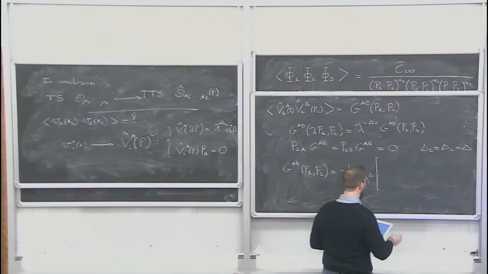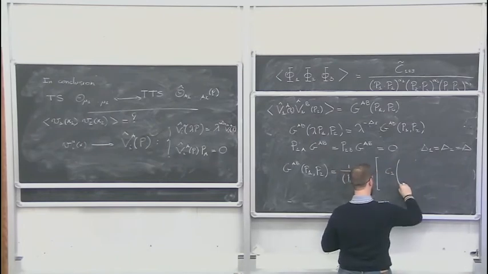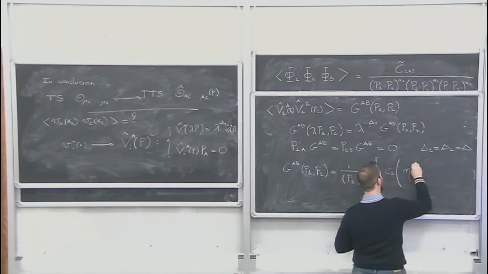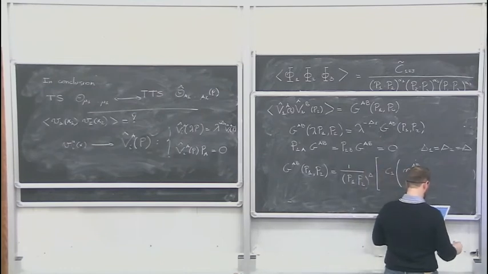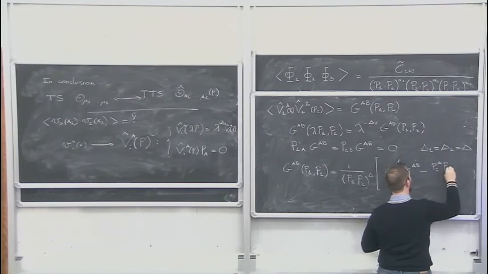Let me write it like this. I will have a coefficient c1 times the following combination: eta_AB minus p2_A p1_B divided by p1 dot p2.